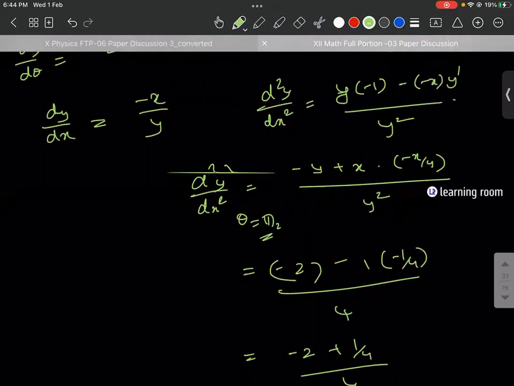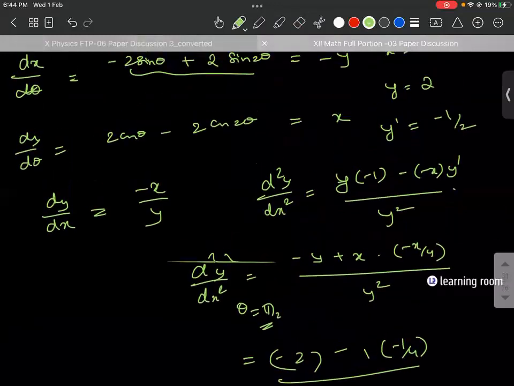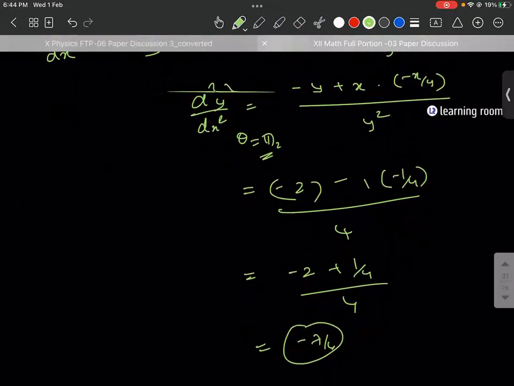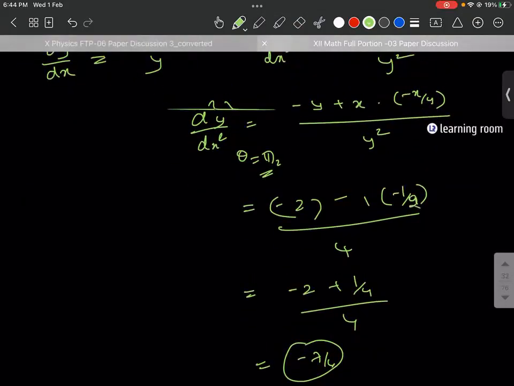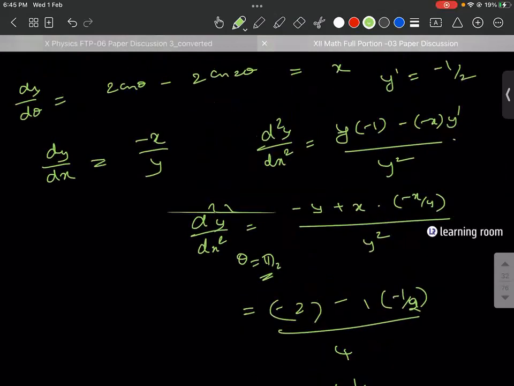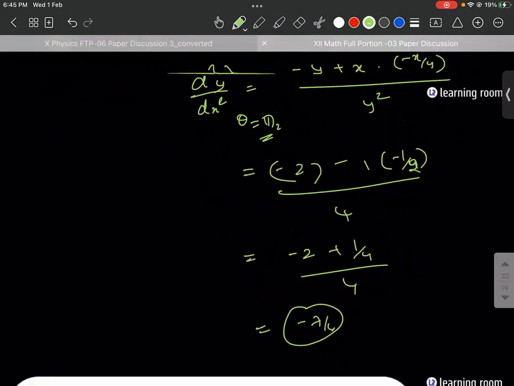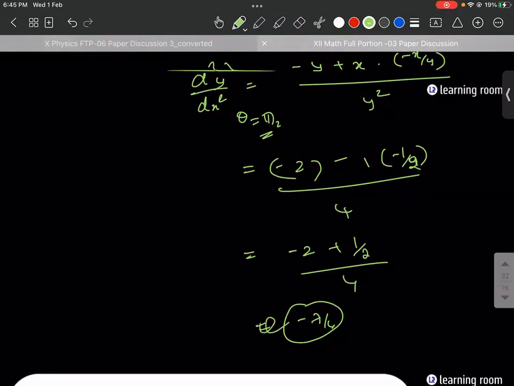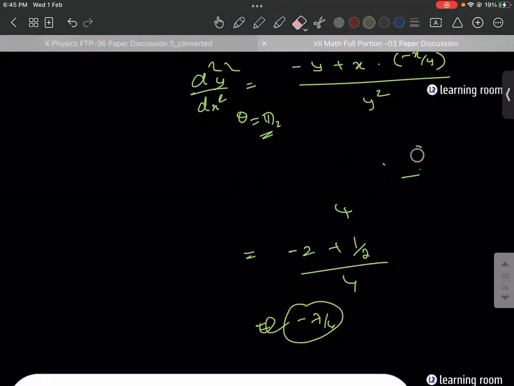Like x is 1 and y is 2. Minus 1 by 2. So how much will you get? Okay, till here there are no mistakes. No, let me check this step again.